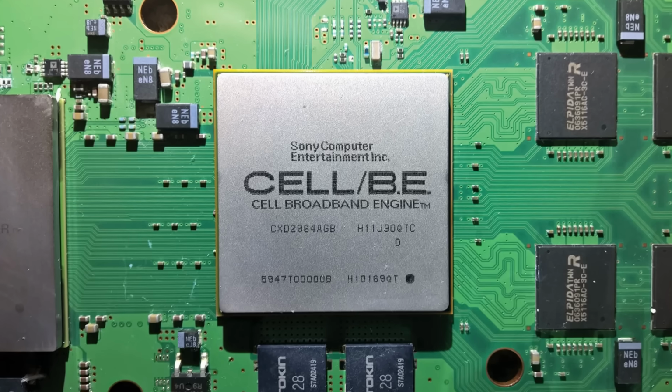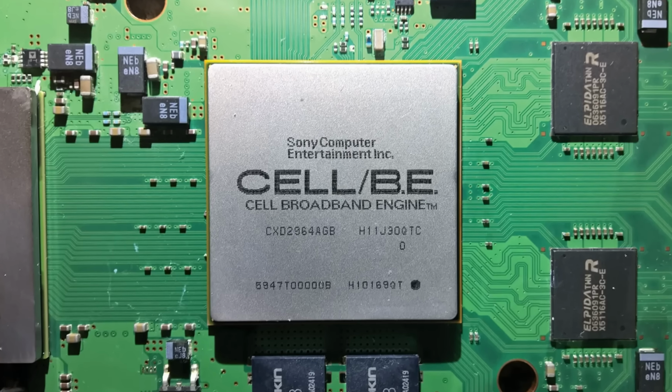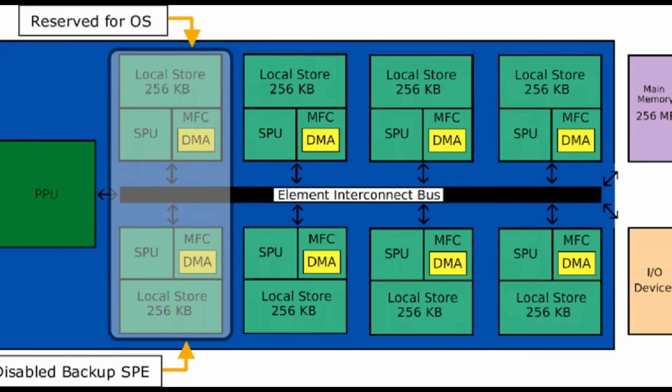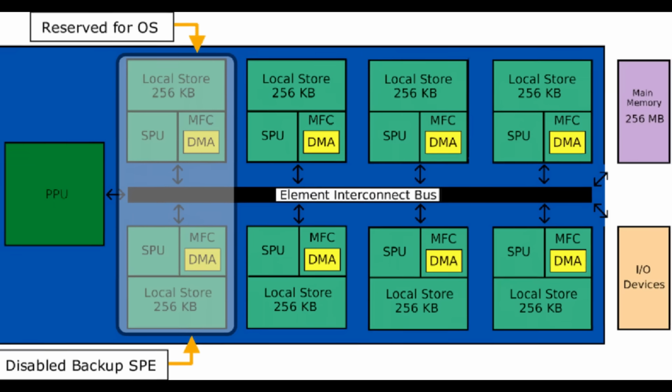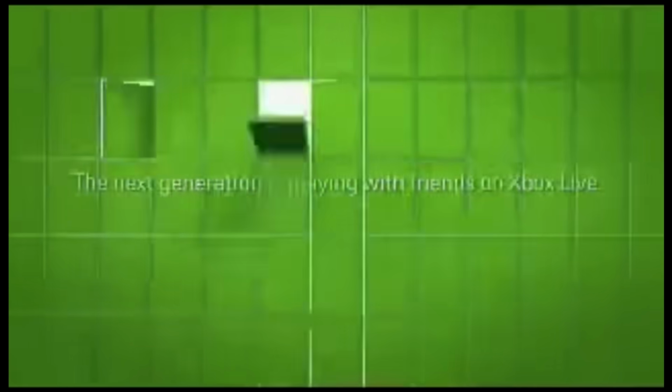The 7 SPEs within the console were not all accessible to the developers either, with one being designated for the operating system, meaning developers had a total of 6 SPEs to play with. These SPEs also had limited local memory, requiring a constant juggling of data in and out of them. For studios used to a more traditional PC architecture or even the Xbox 360's simpler multi-core design, this was a huge shift.